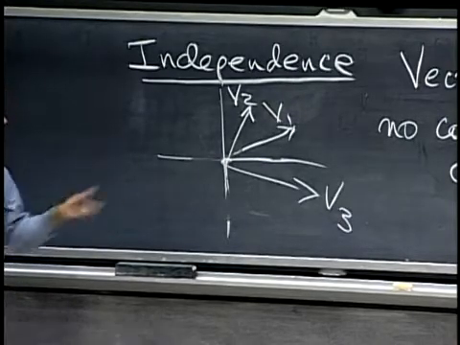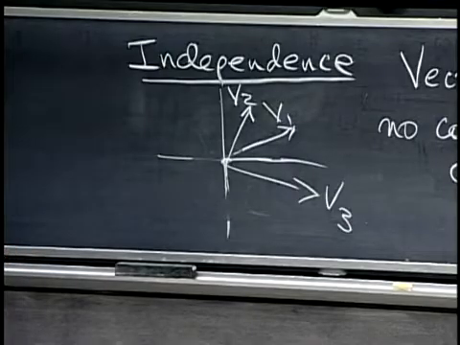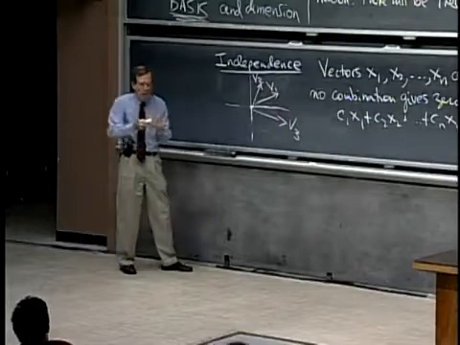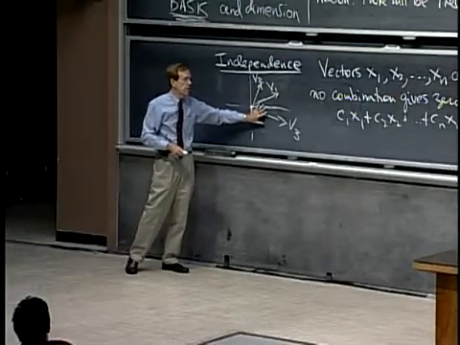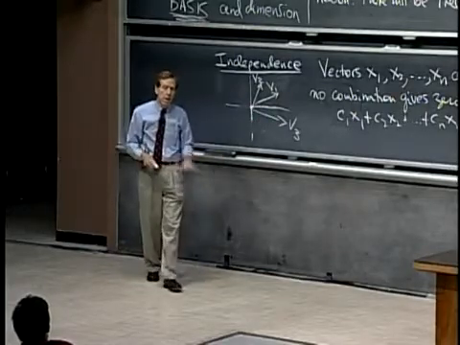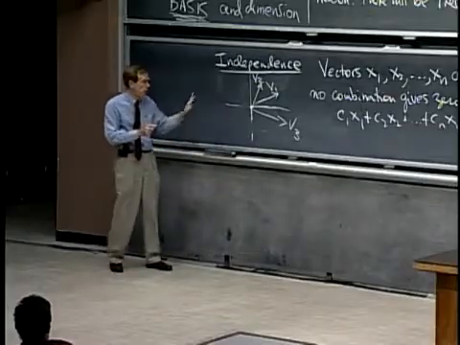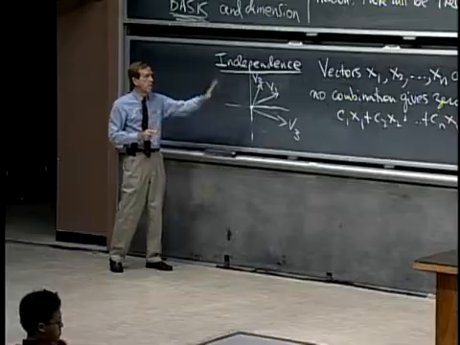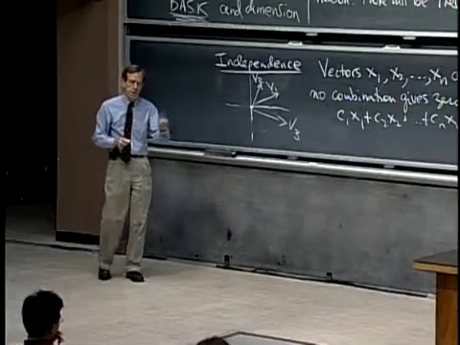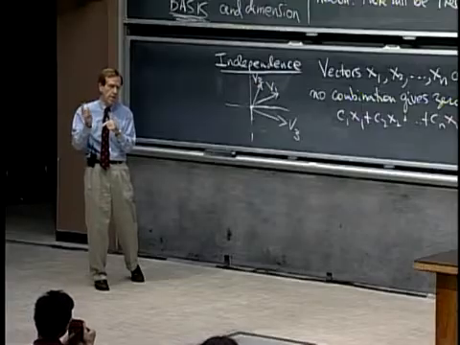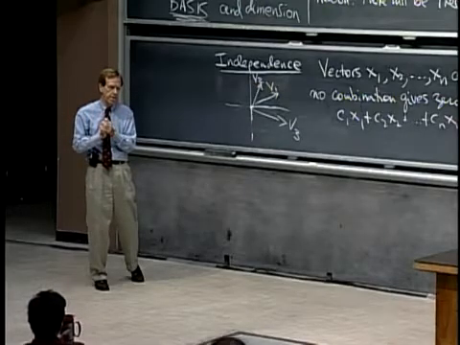So now n is 3 here. I'm in two-dimensional space, whatever, I'm in the plane. I have three vectors that I didn't draw so carefully. I didn't even tell you what exactly they were. But what's the answer on dependent or independent? Dependent. Why? How do I know those are dependent?